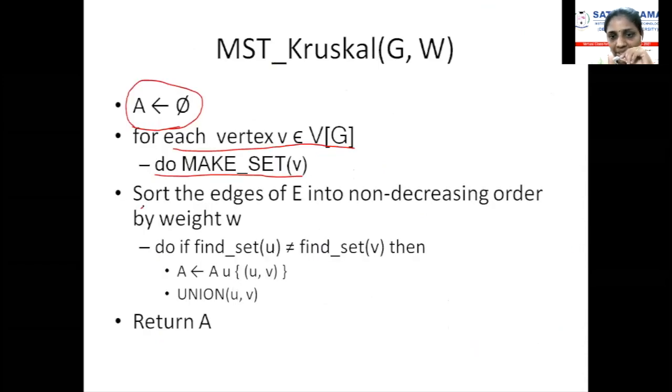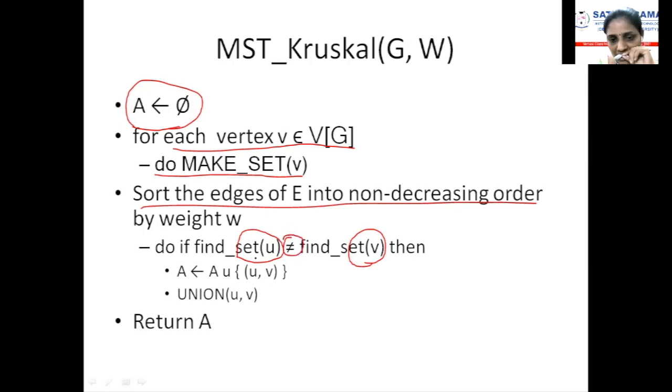Then you sort the edges into non-decreasing order. What do you mean by non-decreasing order? It is nothing but ascending order of the weight. Then, when you find an edge between U and V, check whether they fall into different sets.